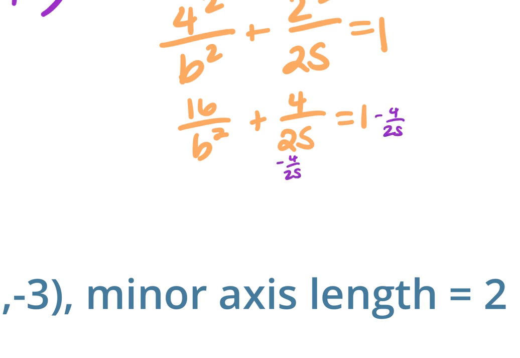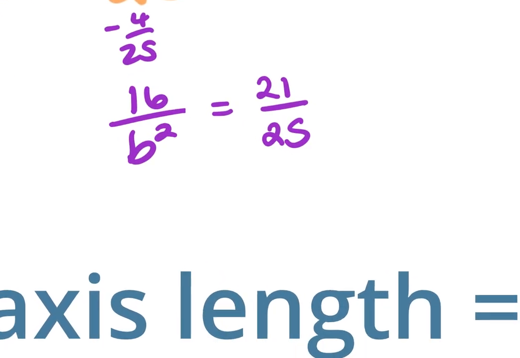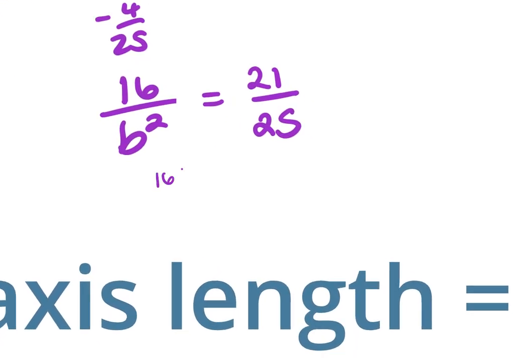That would be 25 over 25 minus 4 over 25, which is 21 over 25. With me so far? Yeah. Now I can cross multiply. So 16 times 25 equals 21 times b squared.